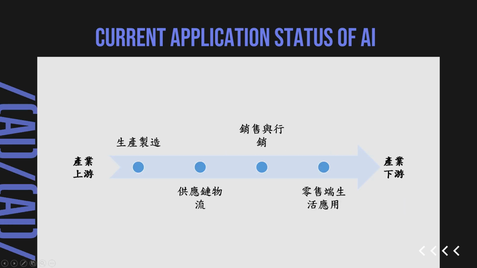Okay, you can learn some Chinese words here, okay? So the upstream industrial in Chinese is 产业上游, okay? And 生产制造 is manufacturing, okay? And supply chain logistics is 供应链物流, okay? Logistics, okay?